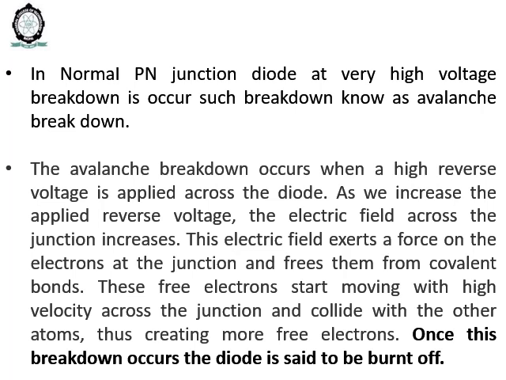In this way, a large number of electron-hole pairs are generated over the depletion layer, and a large amount of current flows through the junction. Due to this large current, the temperature increases, and this creates the condition for burning of the diode.